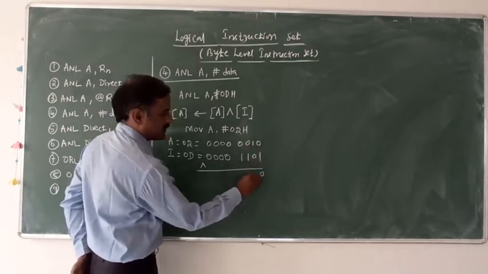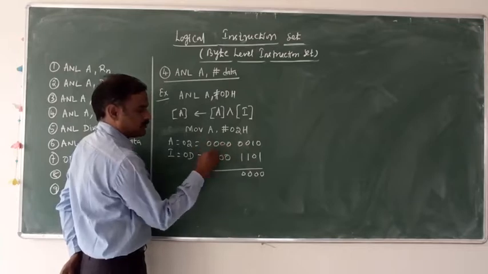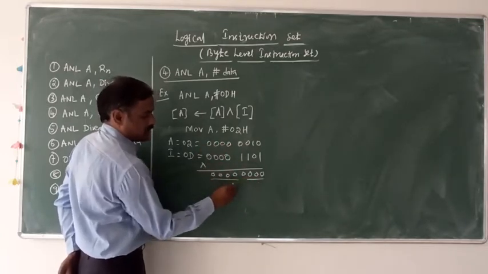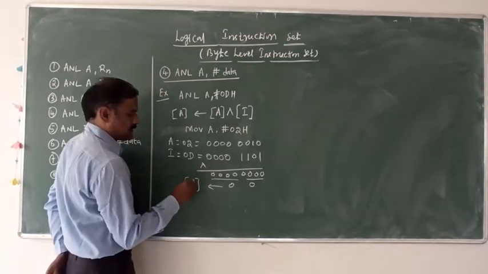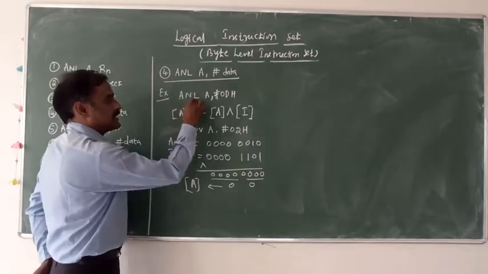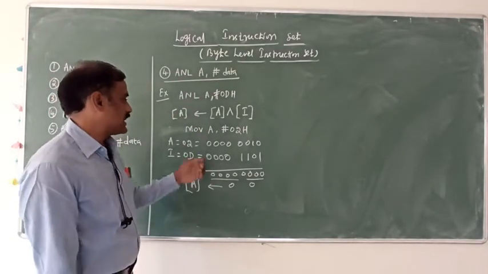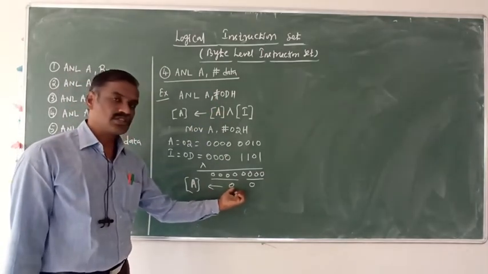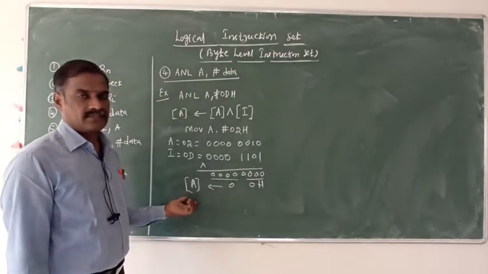This is low, and this is low, and this is also low, and this is also low, and all the 4 inputs 0 means output is 0, that is low. Now the result 00 moves to the A register. After ANL A comma hash 0D, the accumulator is logically ANDed with the immediately given 8-bit data, and the result 00H moves to the A register itself.